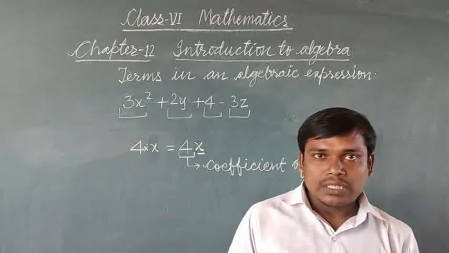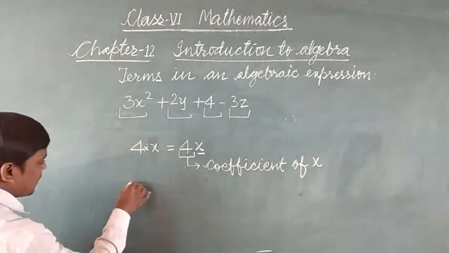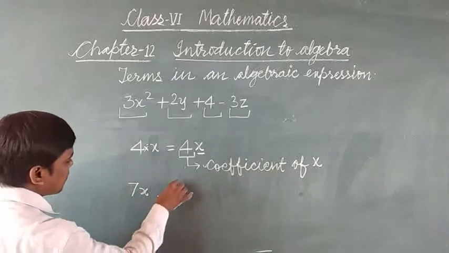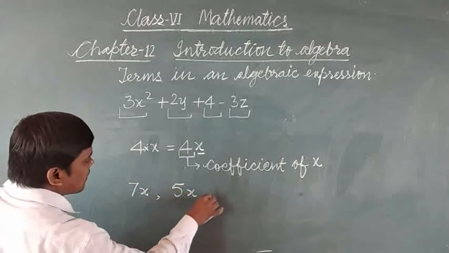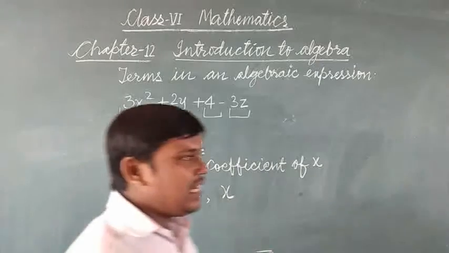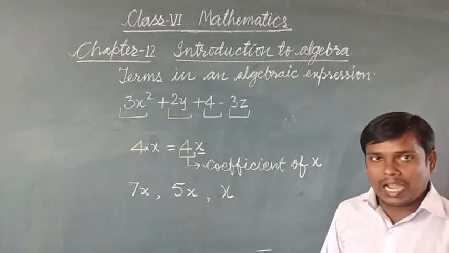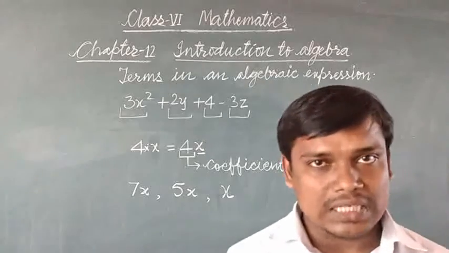If terms are written like this: 7x, 5x and x, are they like terms or unlike terms?